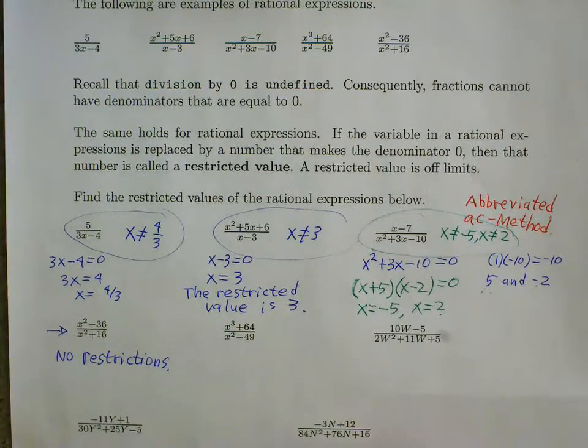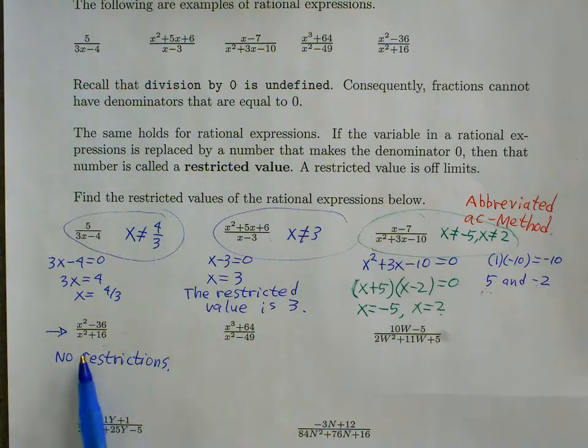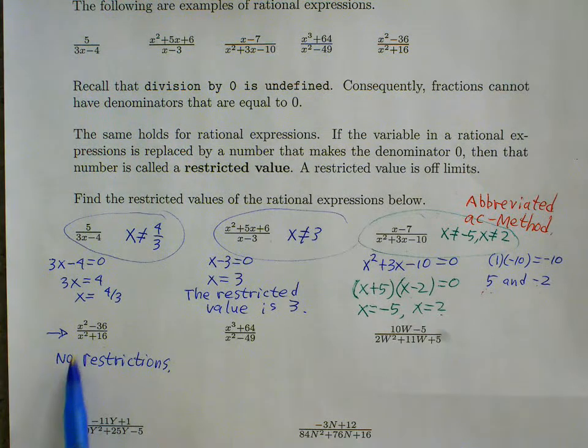You can think of it this way. If you let x be a positive number, everything greater than 0, a positive number squared is positive, and a positive number plus 16 is positive. So there's no positive number you can replace x with that will make the denominator 0.